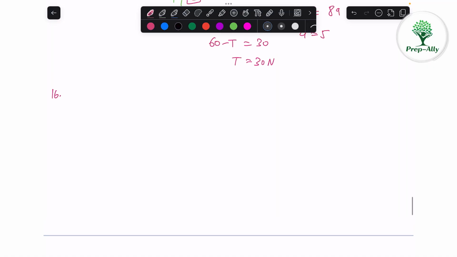So in the 16th question, block 1, this is point A, this is block 1. Block 1 is on a slide. This is the slide. The horizontal ground is rough.